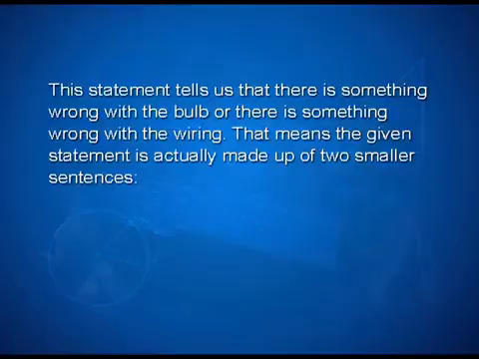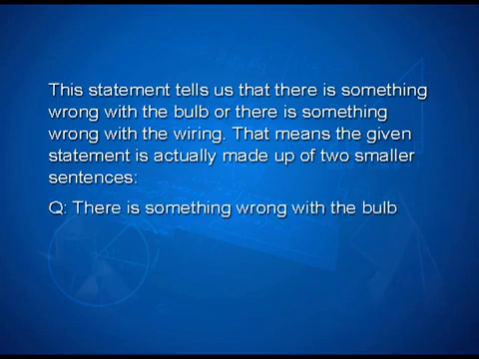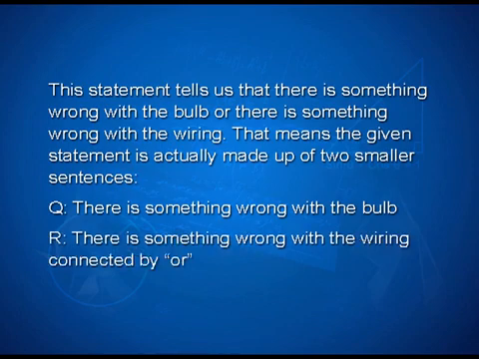This statement tells us that there is something wrong with the bulb or there is something wrong with the wiring. That means the given statement is actually made up of two smaller sentences: Q, there is something wrong with the bulb, and R, there is something wrong with the wiring, connected by or.